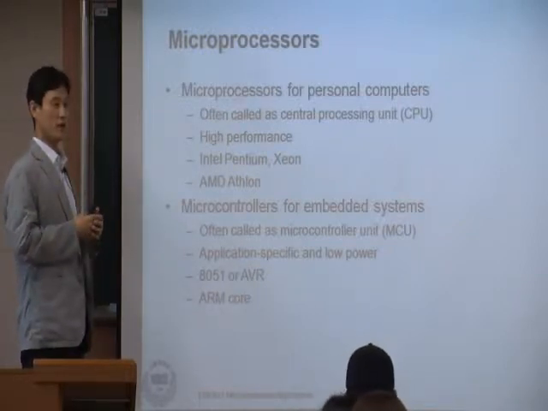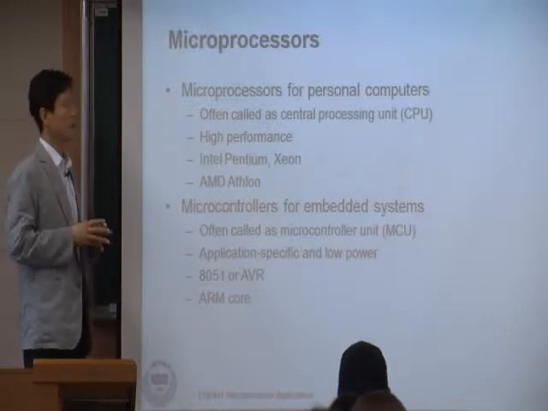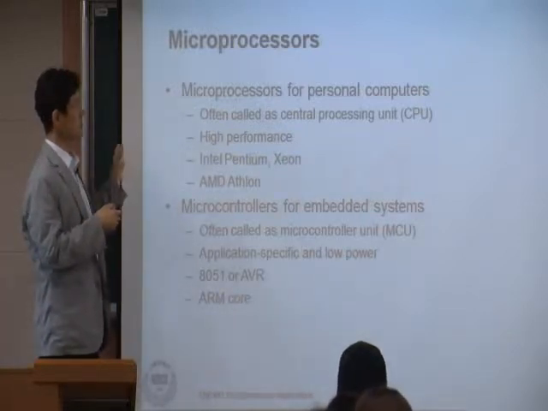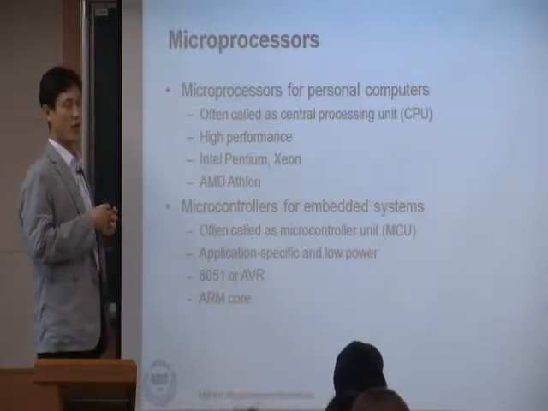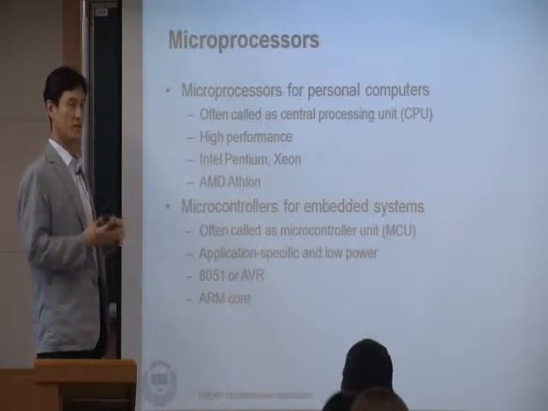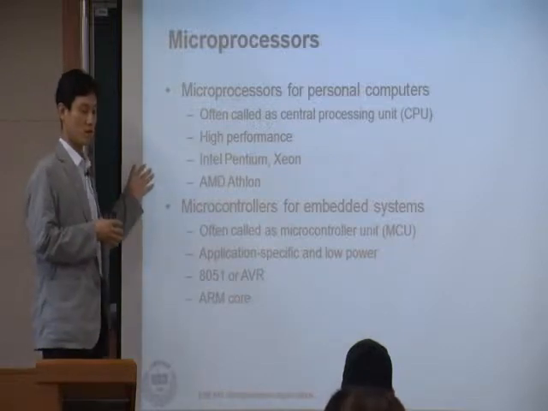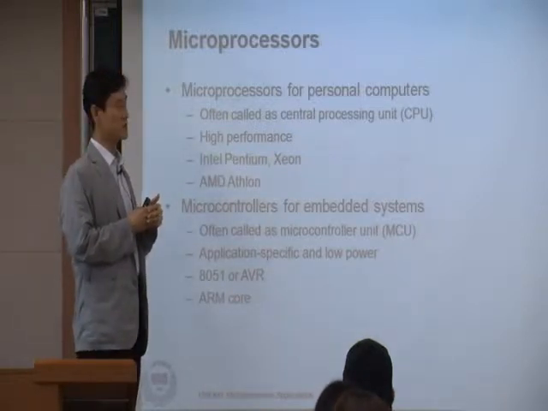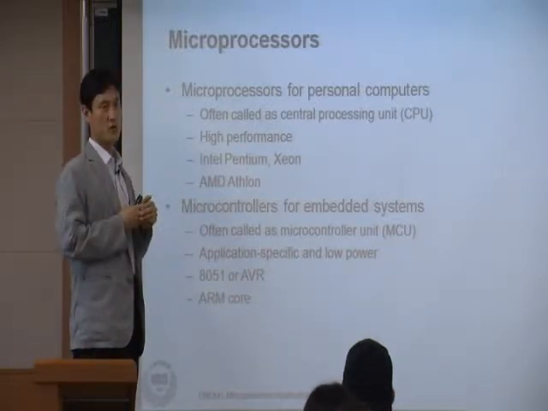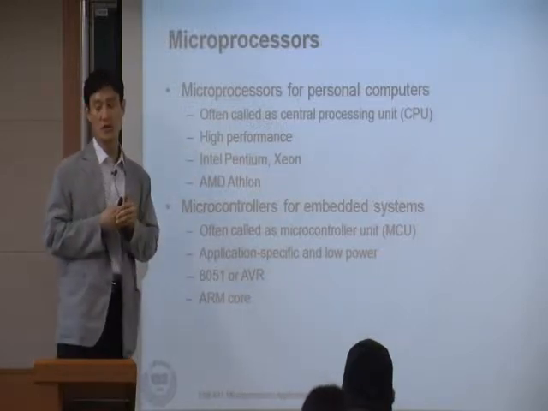Today what we're going to talk about is some of the basics, some of the concepts of a microprocessor and what kind of new technology is introduced in microprocessors. The processor we have used so far, the 8051, was developed about 30 years ago.